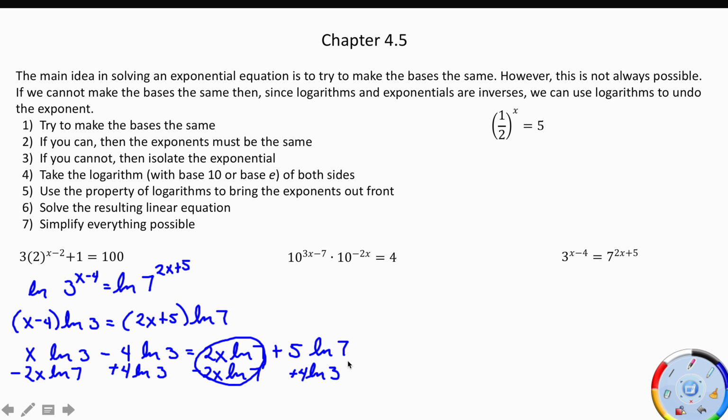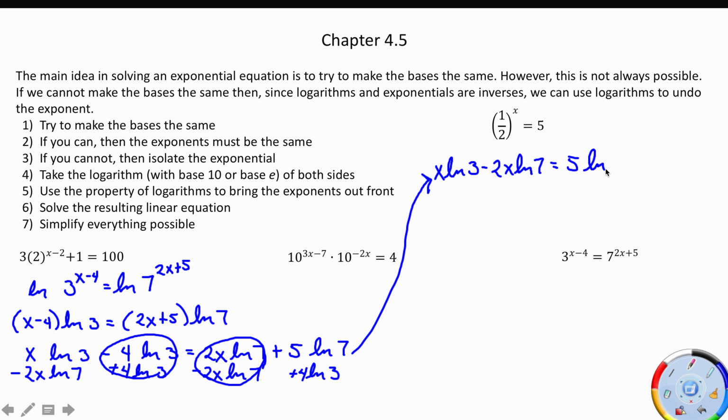Okay, so that's gone, x natural log of 3 minus 2x natural log of 7 equals 0 plus 5 natural log of 7 plus 4 natural log of 3. Okay, so only numbers over here, no x's over here.